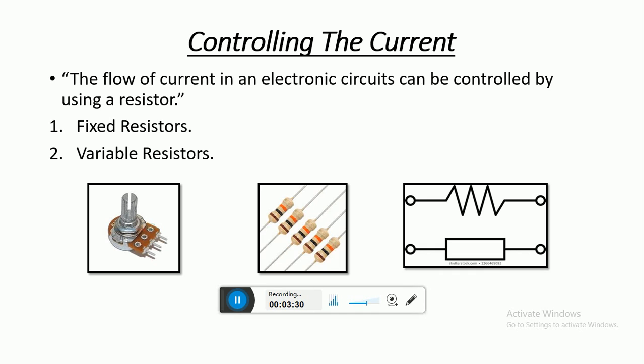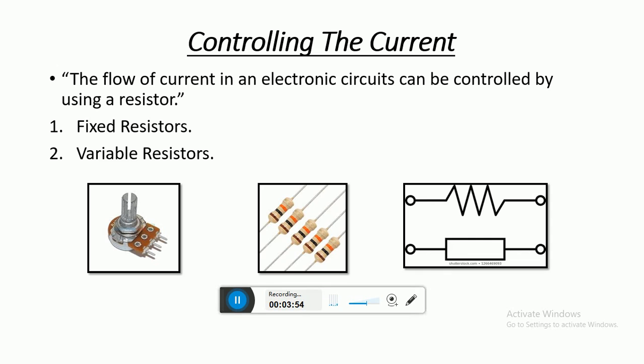One example of controlling the flow of current by using a variable resistor is the regulator of an electric fan. When you move the regulator 1, 2, 3, 4, 5, 5 is the highest position where the fan speed is the highest.